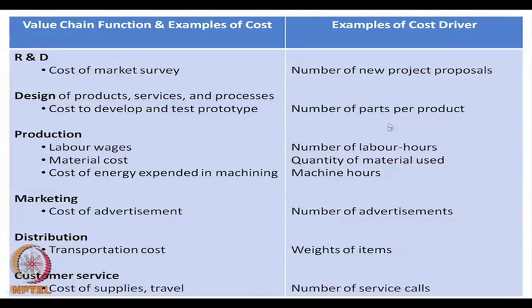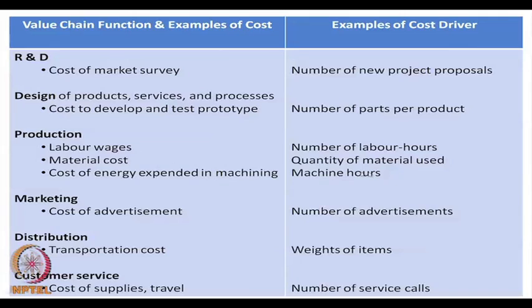Similarly, the number of parts per product that are designed will cause the cost of developing and testing the prototype in the design stage. Number of labor hours is the cost driver that causes labor wages to rise. Quantity of material used is the cost driver for material cost.